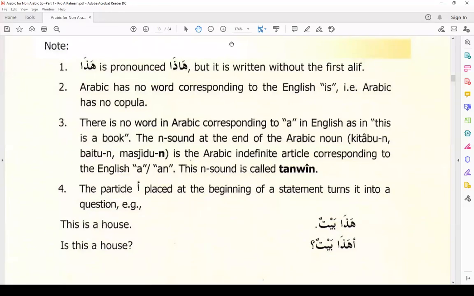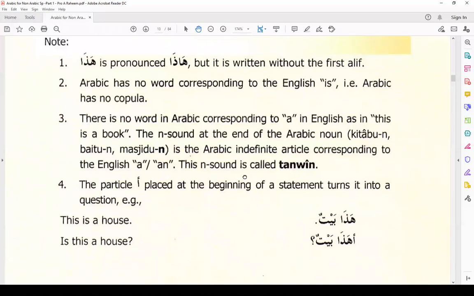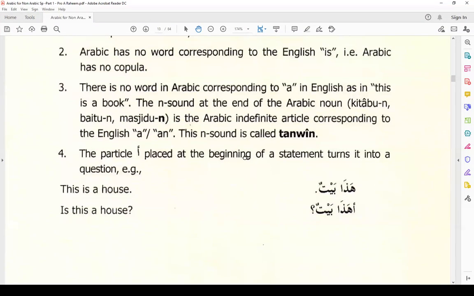This really seems like a stroke coming down here, a dagger aleph or a standing fatha, as we often refer to it. So hadha means this. We also learn that in Arabic there is no word that corresponds to the English is, a or am, but that is left understood between the two words.